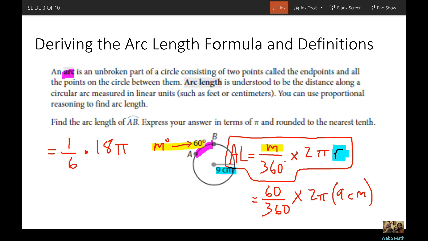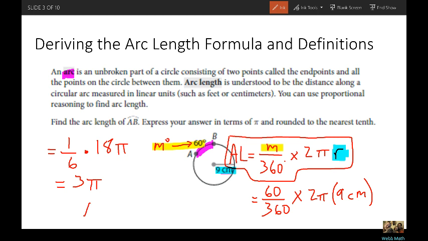And 18 times 1/6 is the same as saying 18 divided by 6, which is just 3 pi. And then pi is 3.14. You should probably use a calculator because, again, you're looking for a certain unit of measurement, in this case centimeters. So 3 times pi will get you an approximate answer.